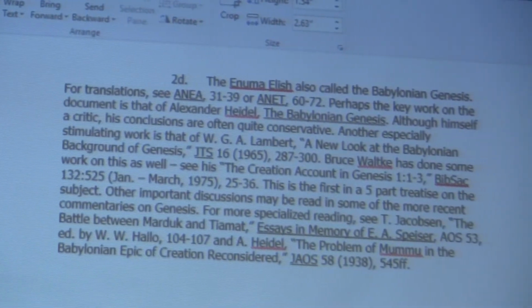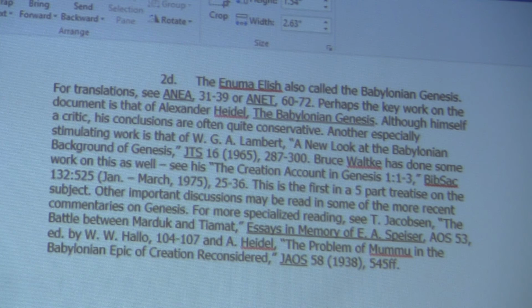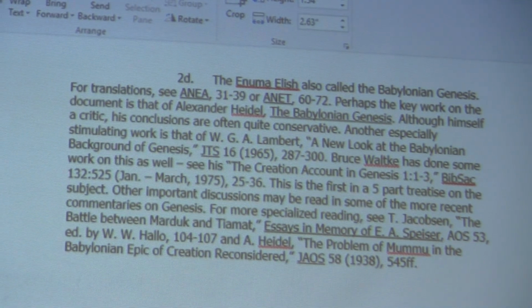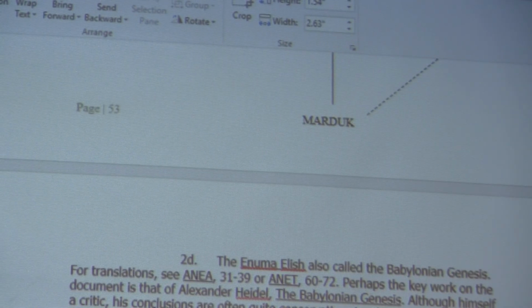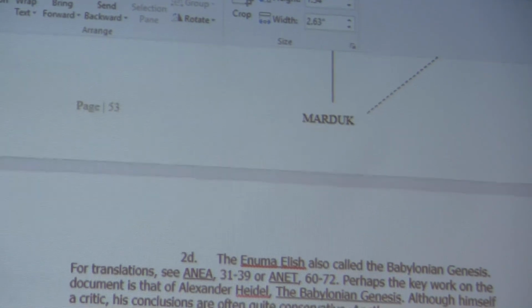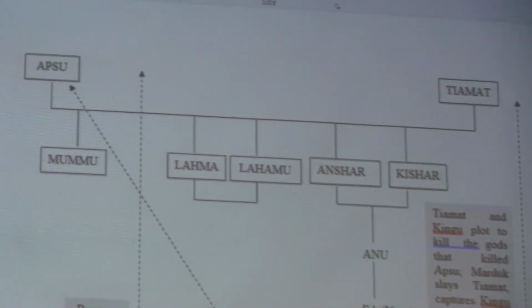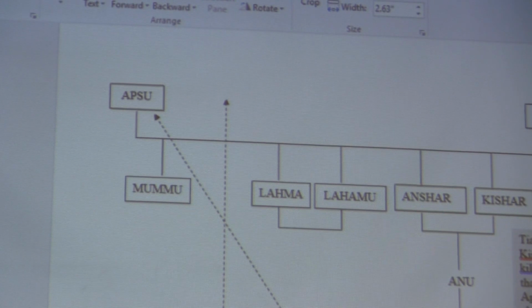We are going to bypass the Enuma Elish. It's called the Babylonian Genesis because this document has its origins in the Old Babylonian period, but it's a document about the creation account from Mesopotamia. And so here you can see the order in which the creation account supposedly occurred.